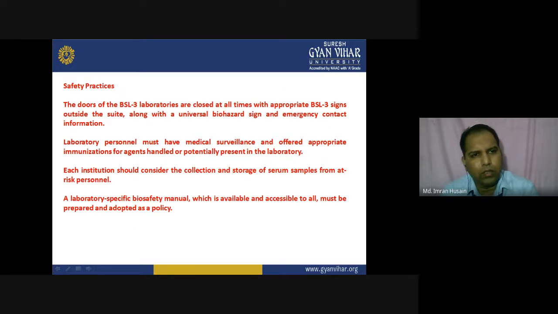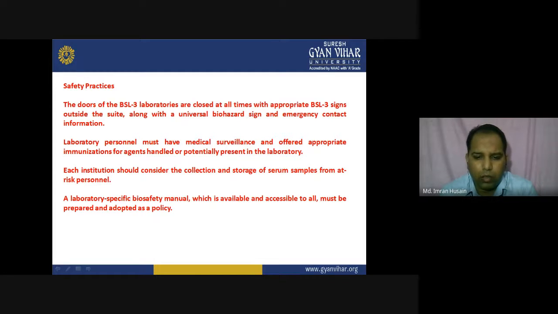Safety practices: the doors of BSL-3 laboratories are closed at all times with appropriate BSL-3 signs outside the suit, along with universal biohazard sign and emergency contact information. Laboratory personnel must have medical surveillance and offered appropriate immunization for agents handled or potentially present in the laboratory.